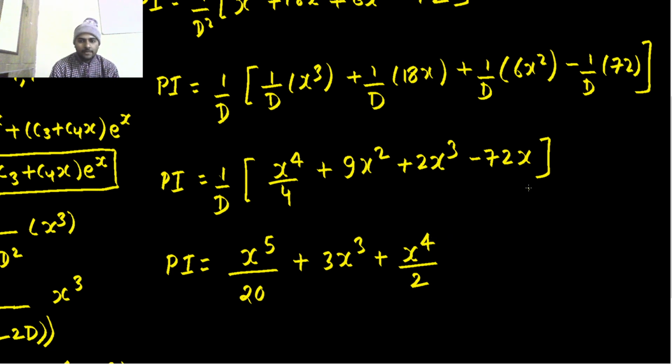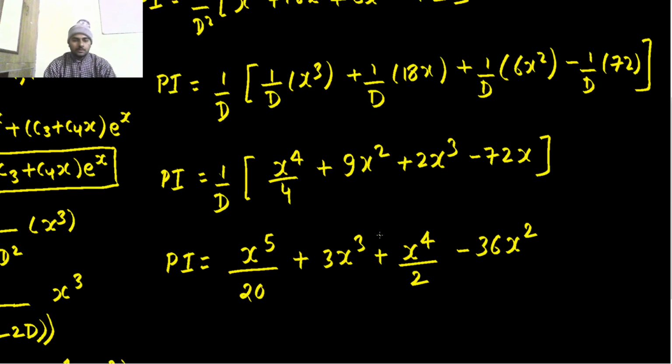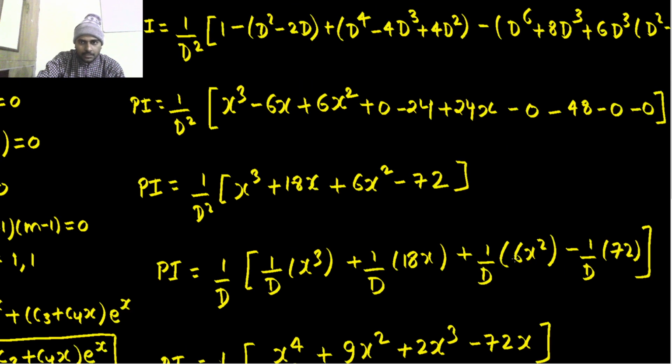And x square by 2, so minus 36x square. This is what I have got till now. Everything looks fine, but this 36x square is not matching, so I will have to look back at where I got 36x square.